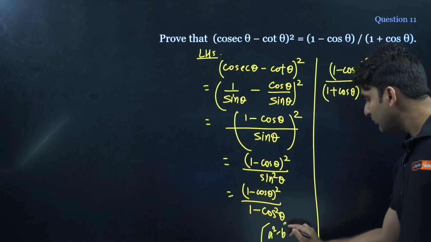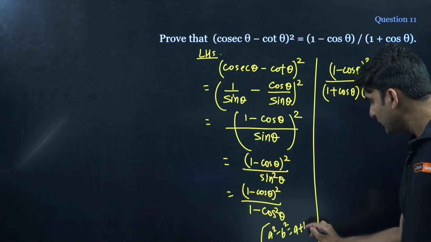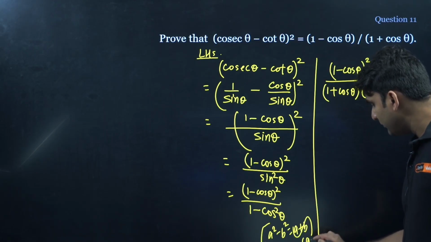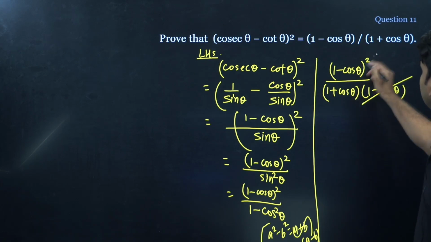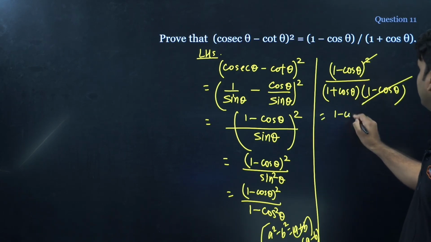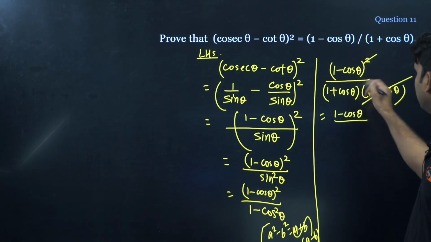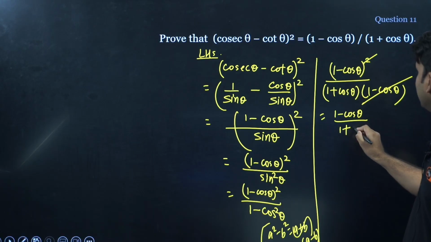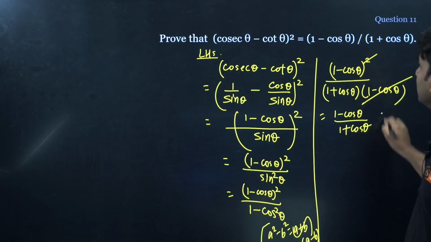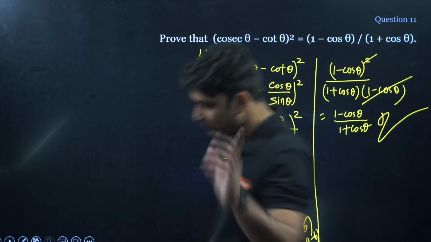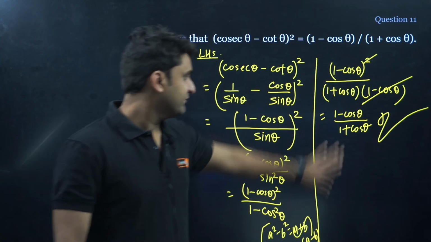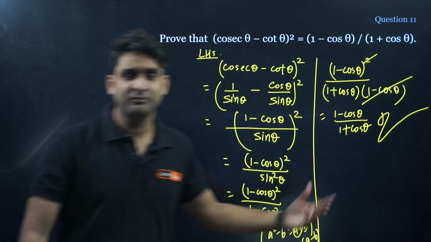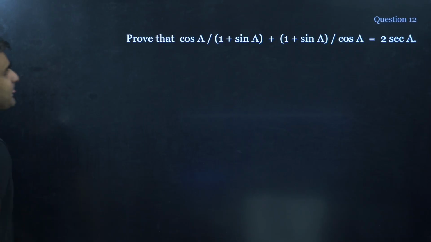Clear? So 1 minus cos theta will cancel, since the power is 2, one factor cancels. So we get (1 minus cos theta) by (1 plus cos theta). This will be the answer, hence proved. Look at RHS: 1 minus cos theta by 1 plus cos theta. Hence proved. Moving ahead.